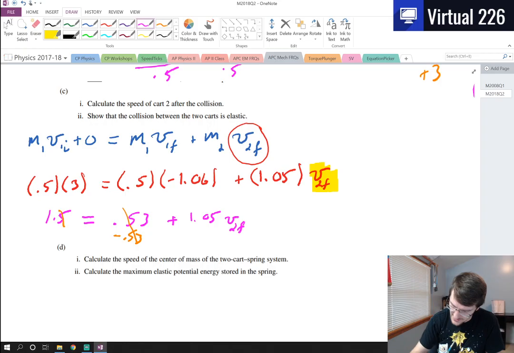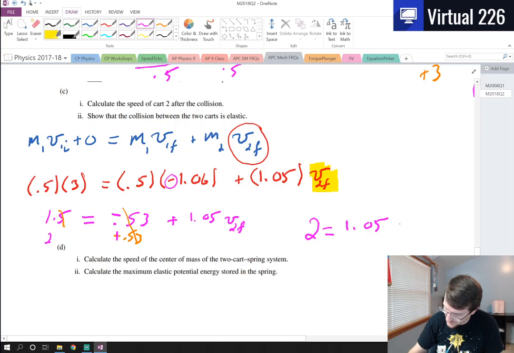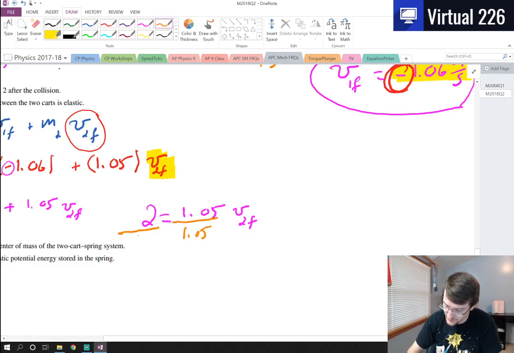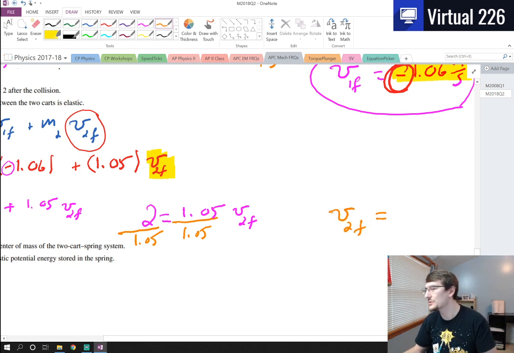This is a negative here, so that's a negative there, so that's a positive. So this is going to be 2. So we're going to have 2 equaling 1.05 V2F. That's going to give us something closer to around 2. It's going to be just under that. And when we divide by the 1.05, we find that V2F is going to equal, oh, what is that? What is 2 divided by 1.05?